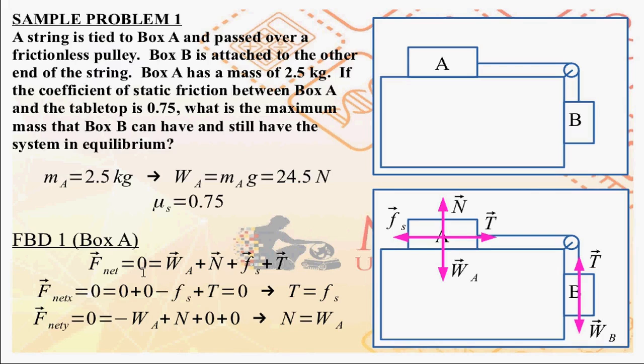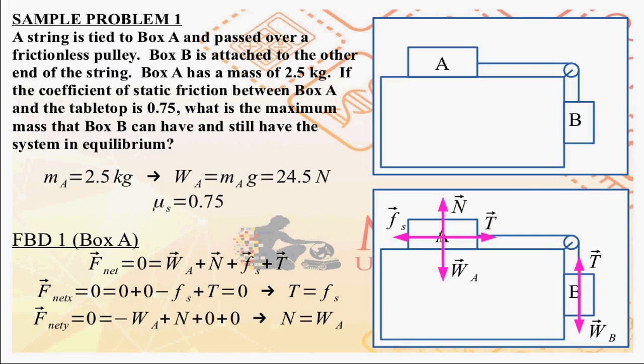These are vector quantities, so we use the component method. We have x component and y component. X component of Fnet is Fnet x. X component of 0 is still 0. Weight is vertical, no x component. Normal force is also vertical, so no x component. Friction, Fs, is horizontal, in the negative direction, so all of it is in the x component, so negative Fs.